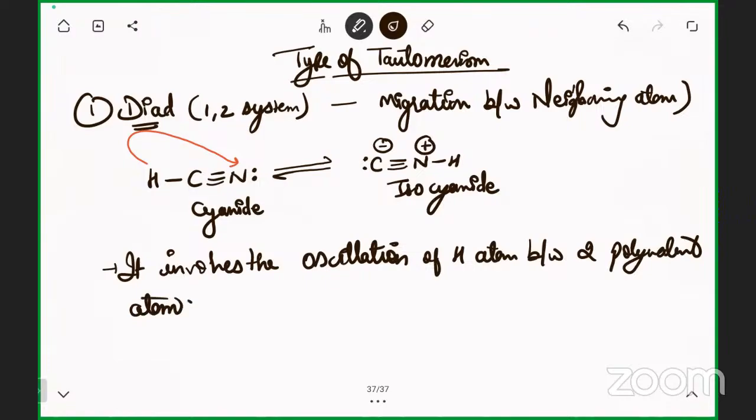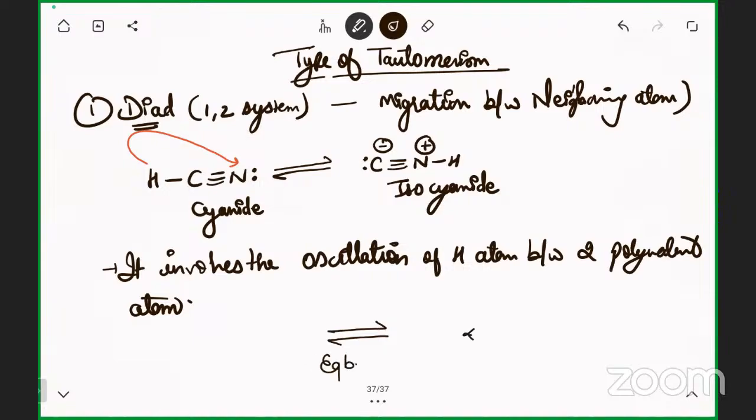So you can see now the hydrogen has migrated from the carbon to the nitrogen atom. So they are interconverted. See, the sign I made is this one. This is called the equilibrium sign.